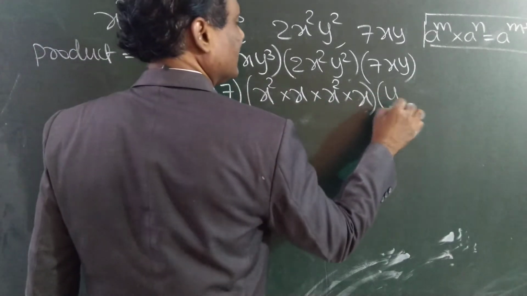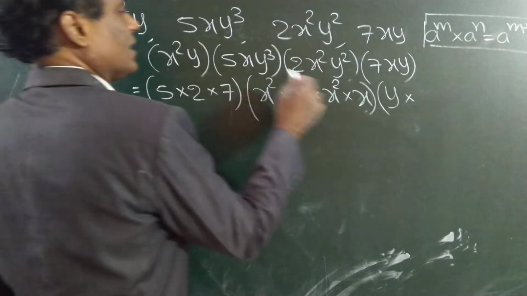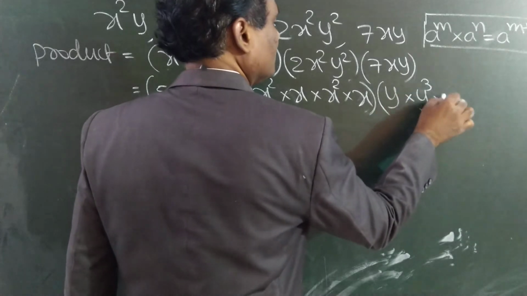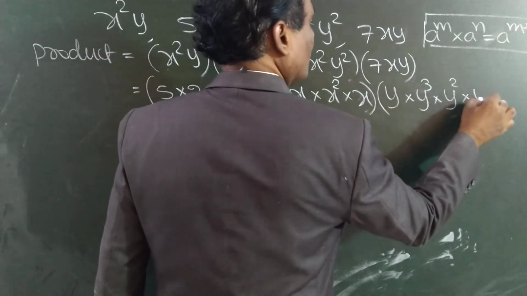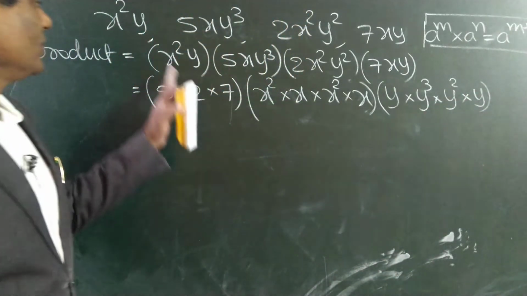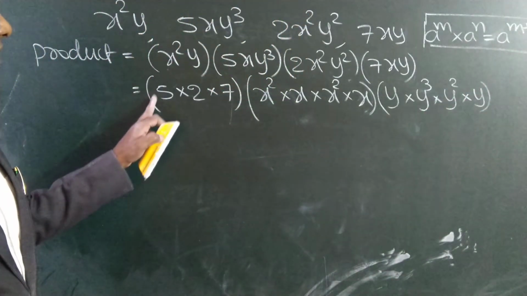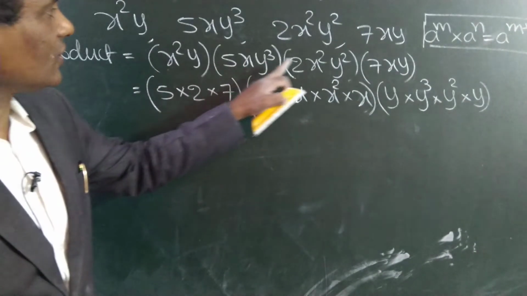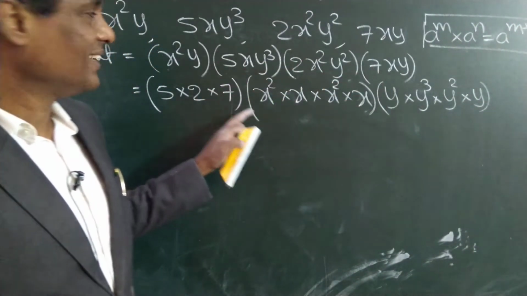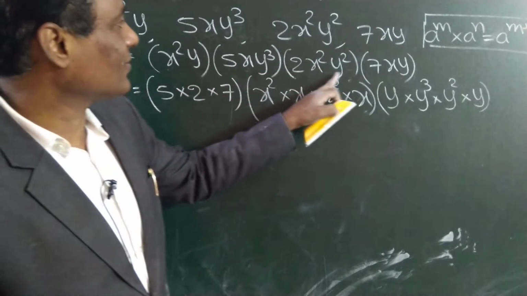Then y cube, y square, y. One, I am not writing. So 5 into 2 into 7 here, x square, x square, x here, y cube, y square, y.